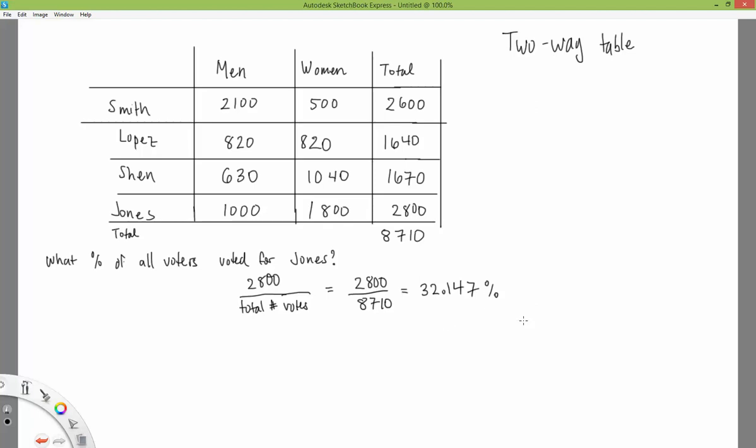The answer is an infinite number of significant figures, because neither of these are measurements. These are counts. We just counted how many voters we have, and we counted how many total votes we have. So technically, significant figures don't get counted in. We have technically an infinite number of significant figures.